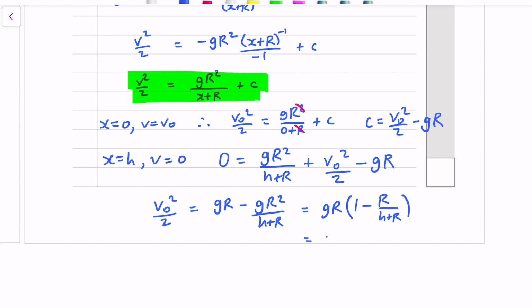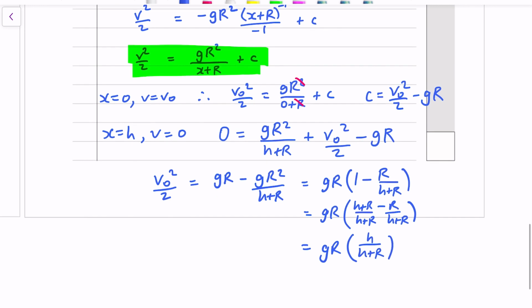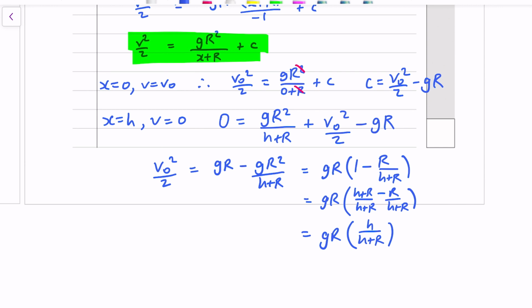And I can put these fractions together by making the 1 equal to (h plus r) over (h plus r). That's gr times h over (h plus r). Okay, times by 2 and square root. And that is the proof, my friends. Catch you in the next video.